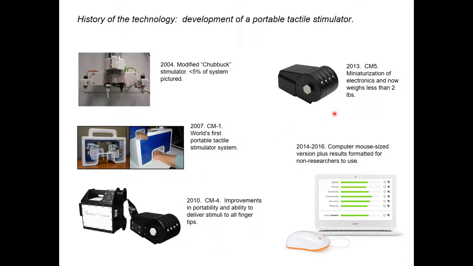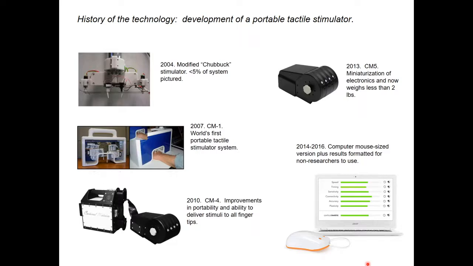Then by 2013, we have what's now called on the website the BrainGauge Pro, the result of miniaturizing those electronics. And so this has gone from 15 pounds down to 5 pounds down to about 2 pounds now for the CM6, the current Brain Gauge Pro. And then now we've reduced it to our Brain Gauge 1.0, where the weight is insignificant and it's obviously extremely portable.